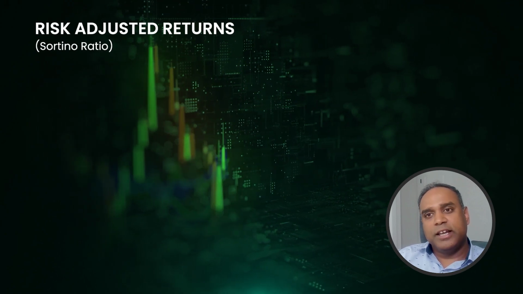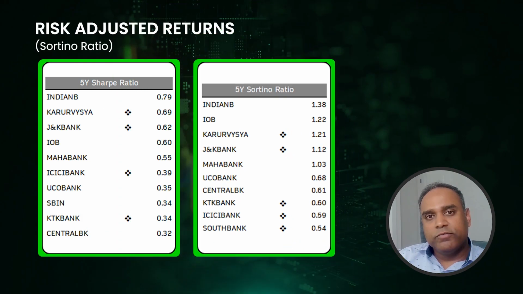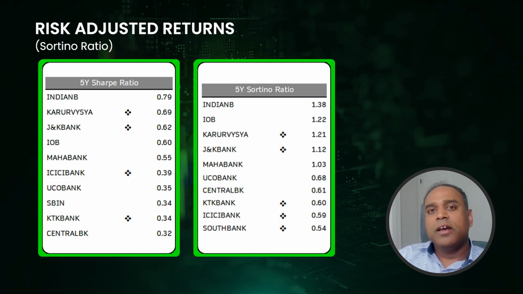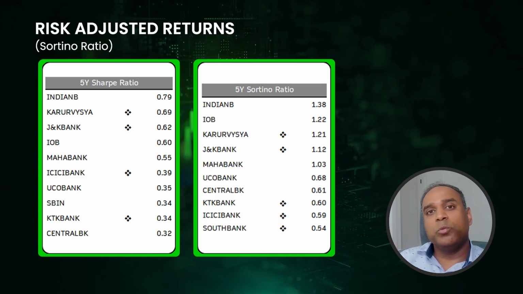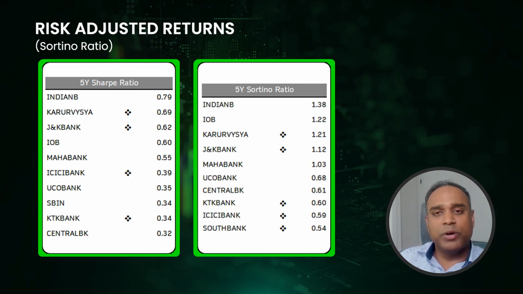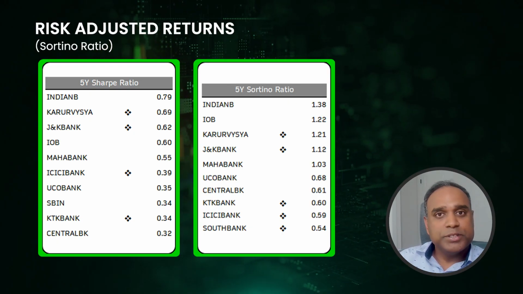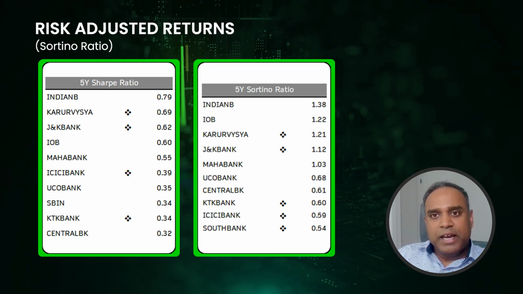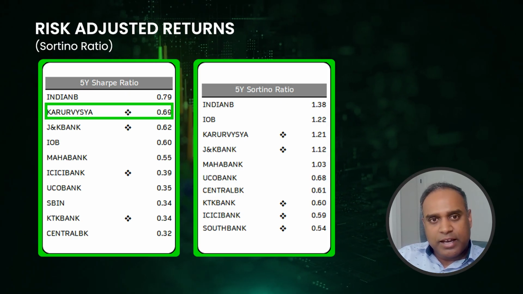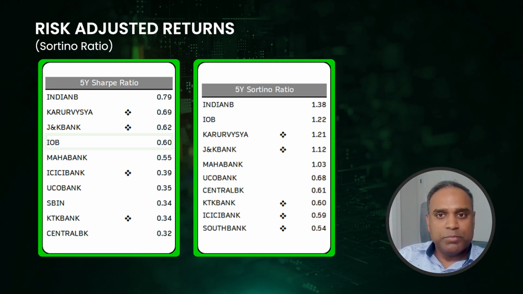Now, when we do this calculation, I'm looking at a 5-year period, and I'm comparing the Sharpe ratio and Sortino ratio to give you an idea why the Sortino ratio makes sense or why it gives a different perspective. Based on the Sharpe ratio, Indian Bank is at the top, Karur Vysya second, IOB, Indian Overseas Bank, is number 4.